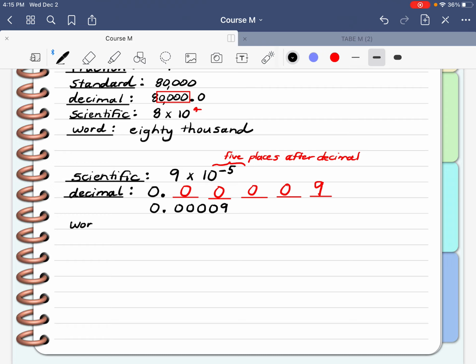So the word form, since I've just counted those off, is 9 in the 100 thousandths place. It's not thousand, it's thousandth because it's after the decimal.